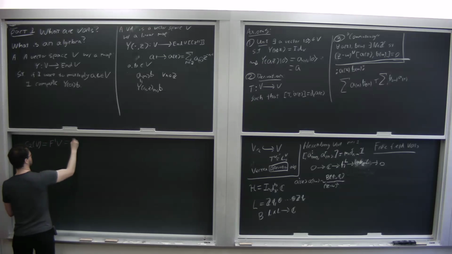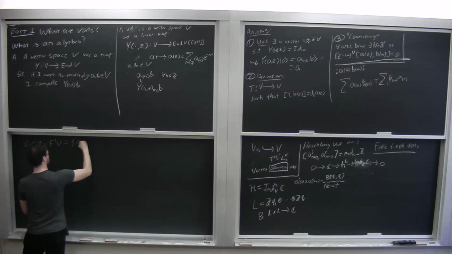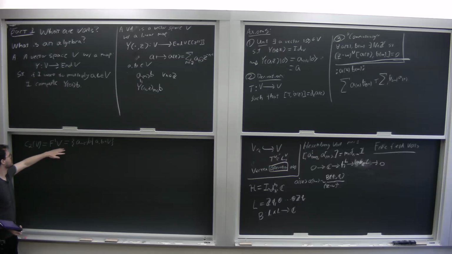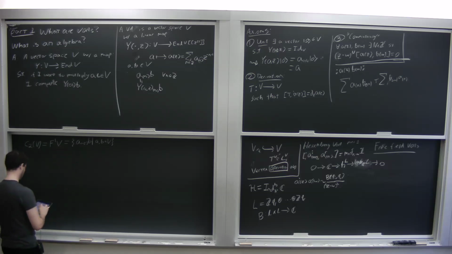And so in particular, very explicitly, this is going to contain everything that has at least one derivative appearing in the monomial expression in the vector space. And so we can take the quotient of V by this.